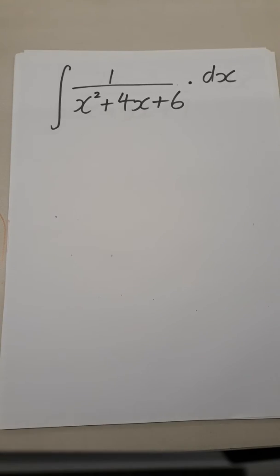Well, what's going on with this one? Well, the numerator is not the derivative of the denominator. The denominator is not a perfect square. So we're left with the type where you can't factorise the denominator.